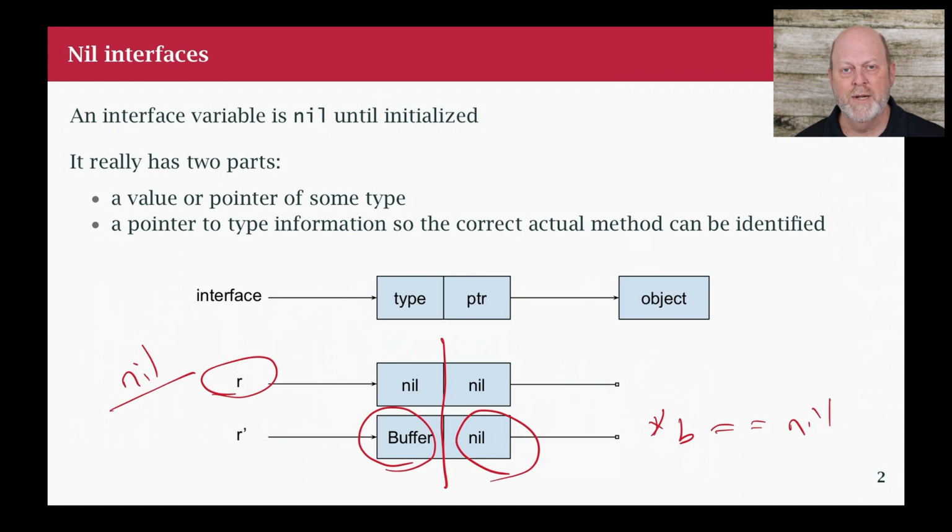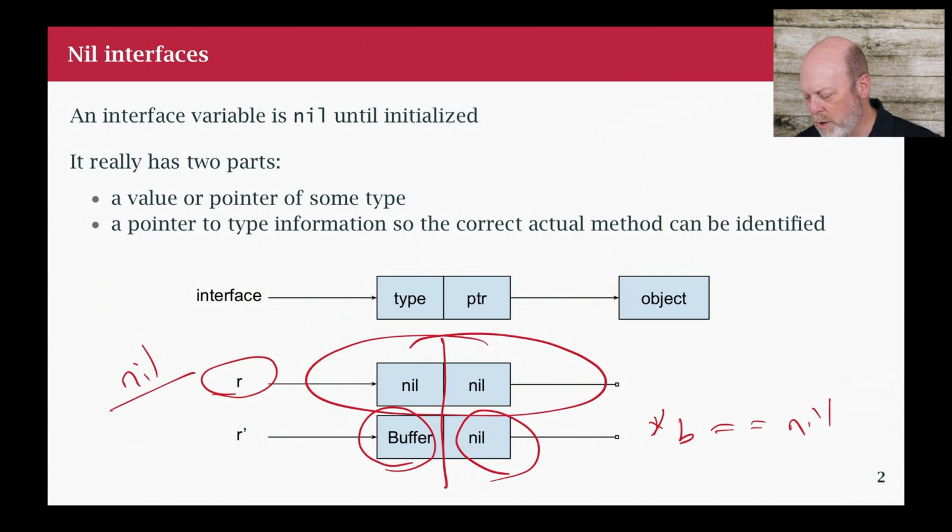So it makes perfect sense from the point of view of the programming language to allow an interface to have a nil pointer. But it's no longer nil in the sense of an interface is nil. The interface variable is nil when it's in the uninitialized state. Both the pointer and the type are nil.